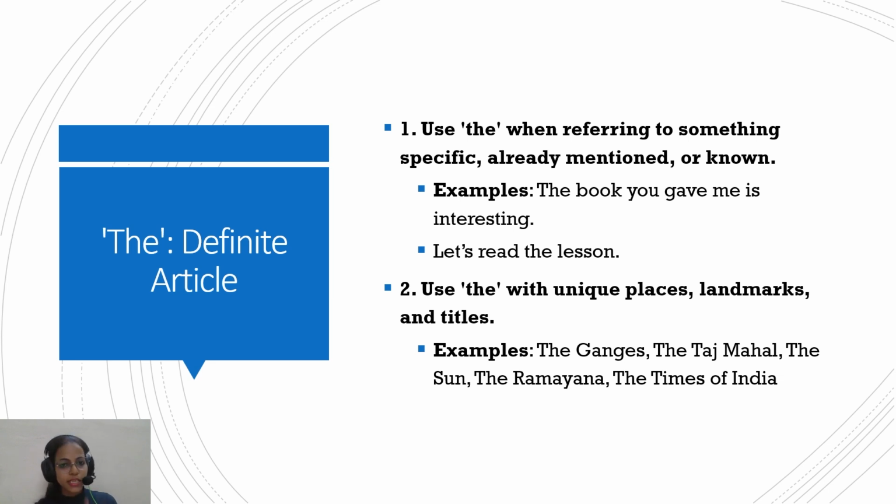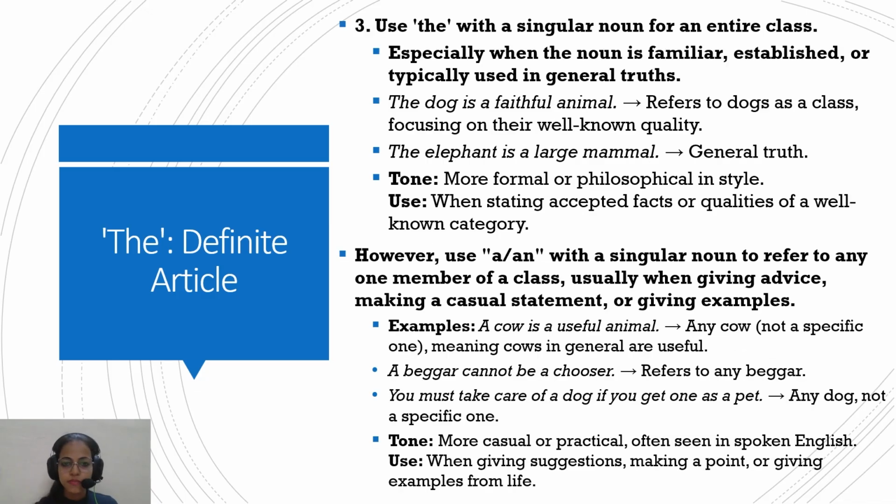And again, disclaimer, whenever I say always, it means almost always. There are always exceptions, so we'll get to the exceptions in most of these rules later. But I've mentioned it so many times, I'll repeat it: always means almost always. So with the unique names, landmarks, and titles, you use the definite article the.